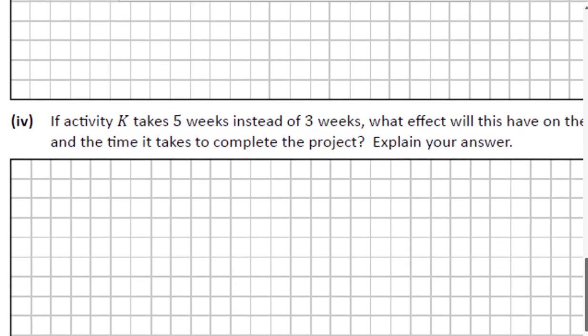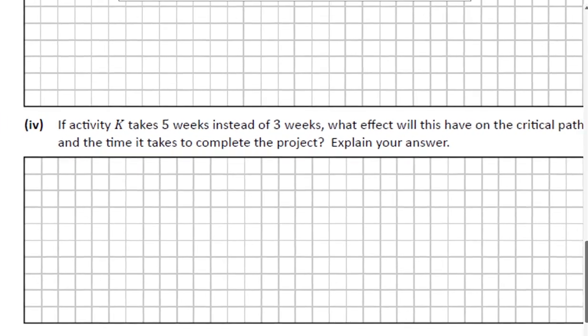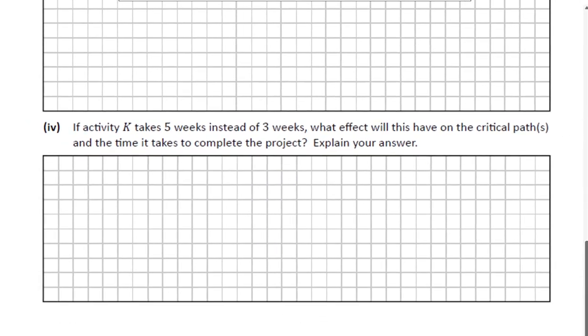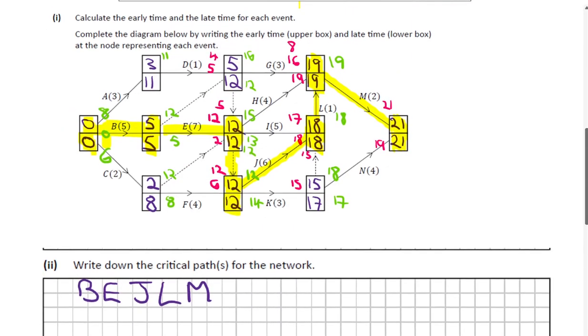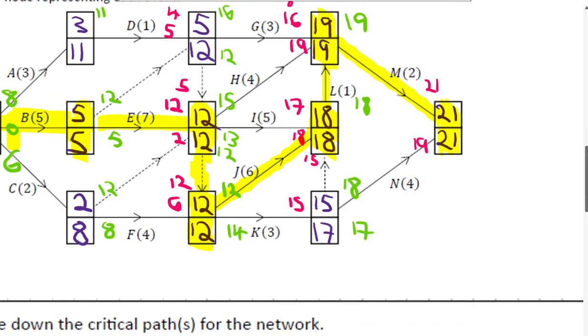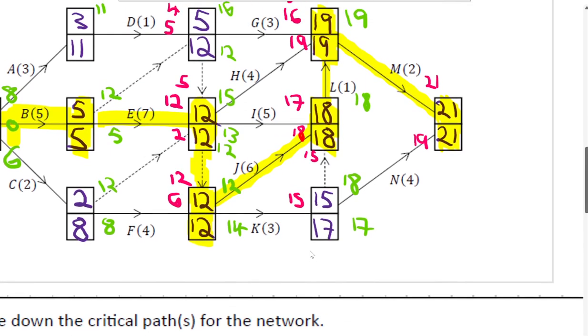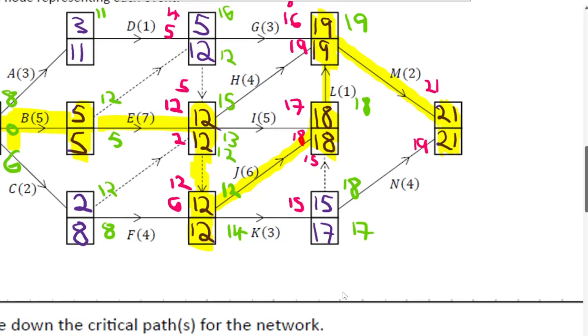And then if K takes 5 instead of 3, what effect will this have? If K takes 5, which one's K? If K takes 5 instead of 3, what would that do? And this is where it gets messy on the diagram. Will that do anything?